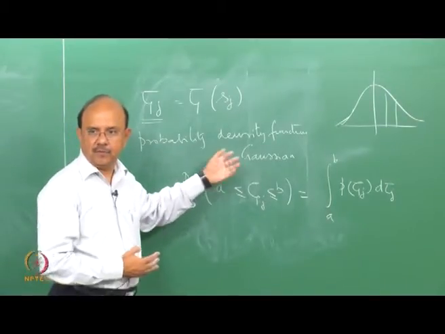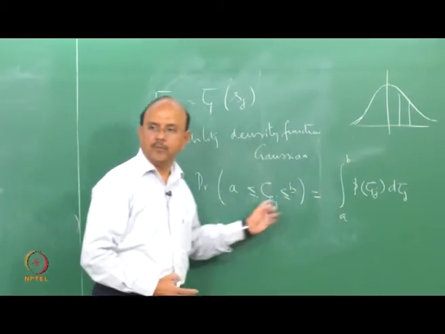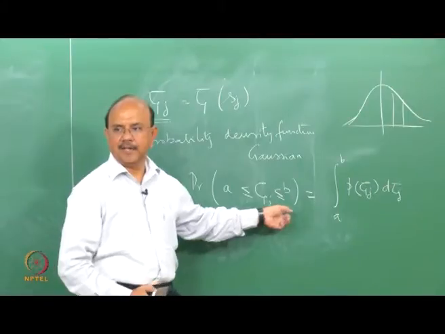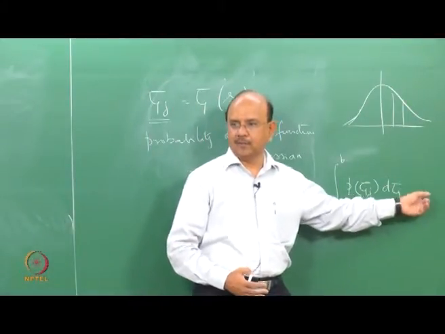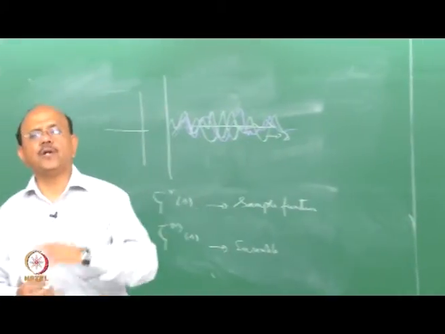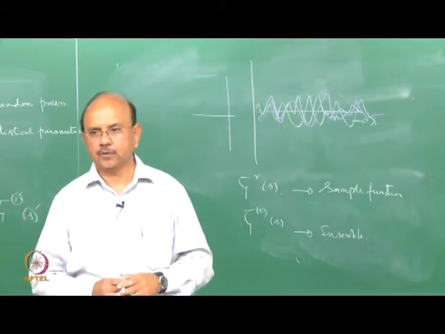If I integrate from minus infinity to plus infinity, I get the total probability equal to 1. Integrating this gives you the probability distribution function. You can also look at the probability density function as the differential of the probability distribution function.